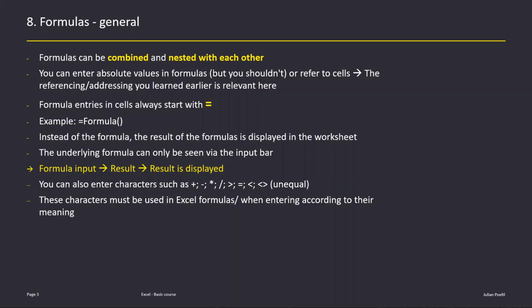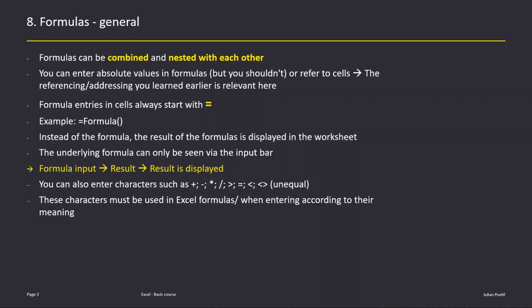Then formulas in general. Formulas can be combined and nested within each other. We will do that a little bit later, but the nesting thing is very powerful if you know how to do that. You can enter absolute values in formulas, but you shouldn't, or you can refer to a cell. And referencing or tracing is done by the method we learned before.